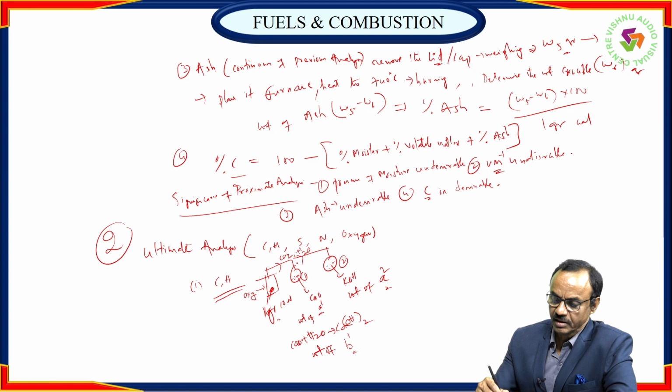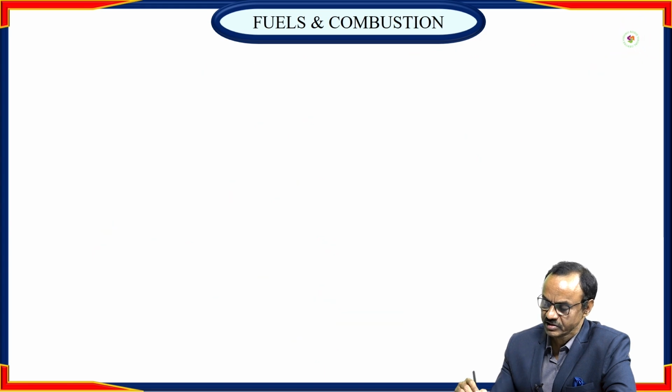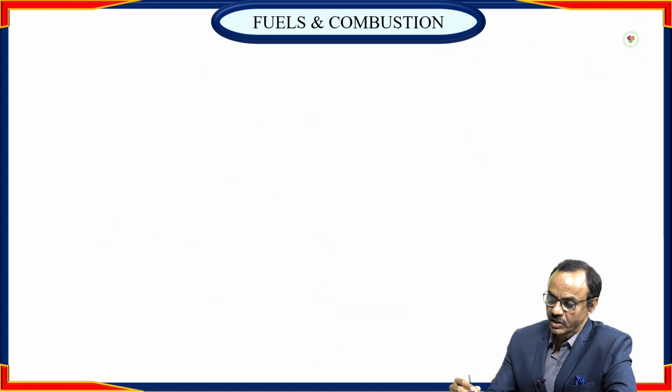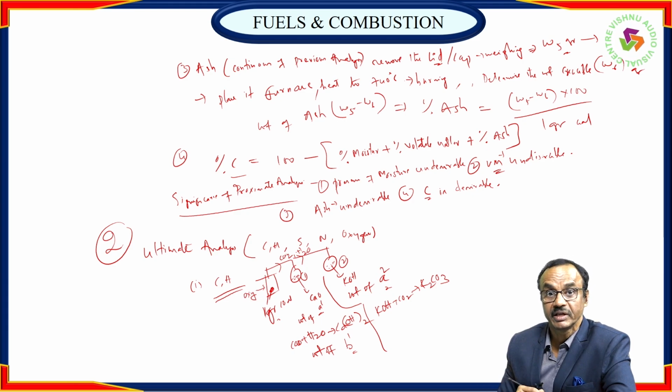Same process: the remaining combustion products contain only CO2. Pass this into the second bulb, where absorption of CO2 takes place. This second bulb contains KOH solution, which combines with CO2 and converts into K2CO3. Again, the weight of the bulb increases.